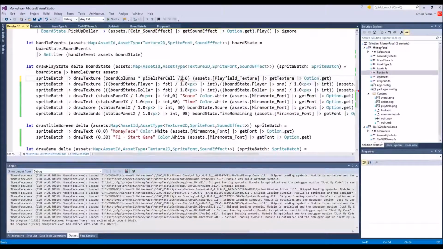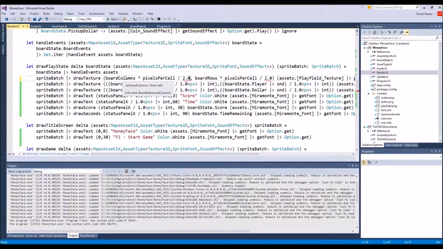Oh, well, 2.0, my bad. 2.0. And I would do board rows times pixels per cell divided by 2.0. Just match the type. Draw texture. Oh, it's an X int, Y int. 2.0.